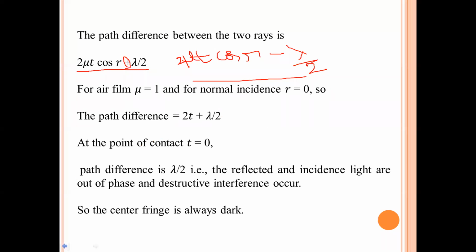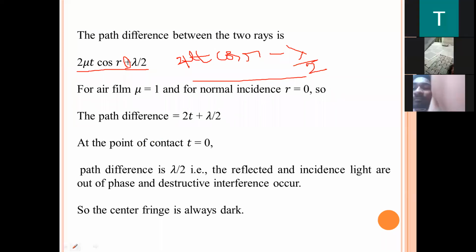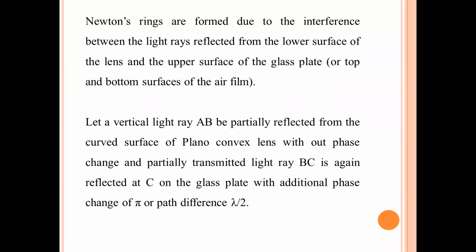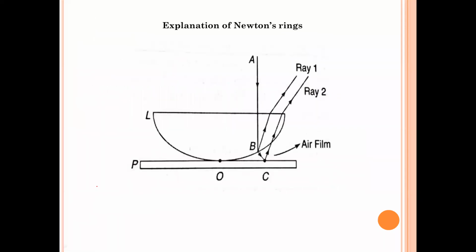Let us go to the picture again. I will draw the interference in thin films diagram also. This is one surface PQ, and this is another surface P dash Q dash.